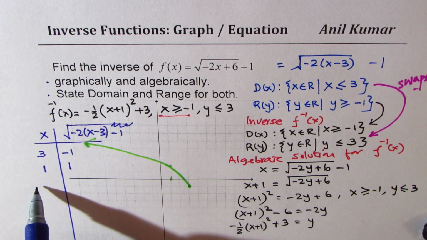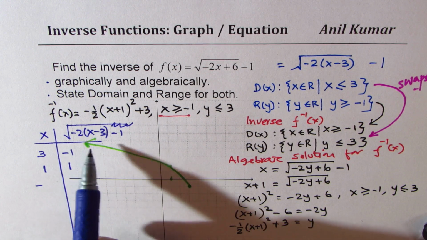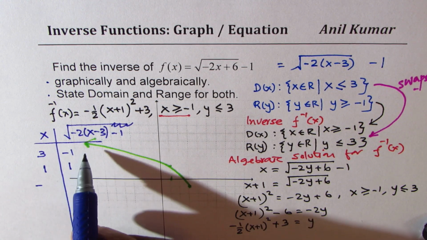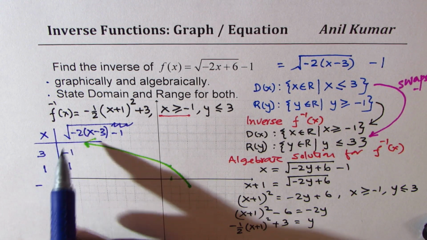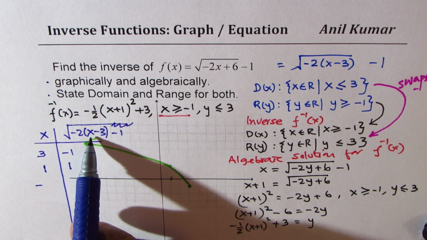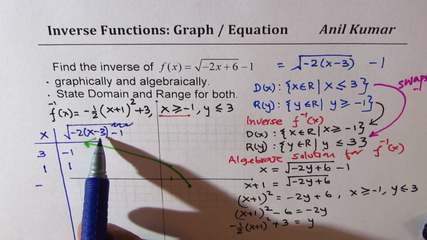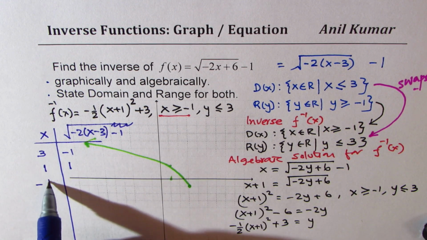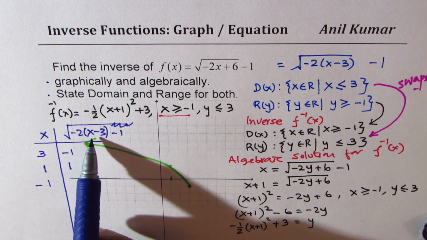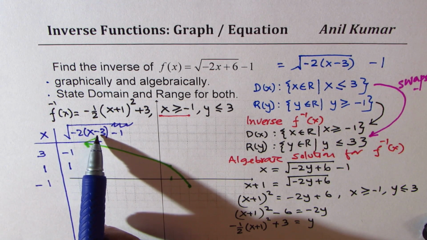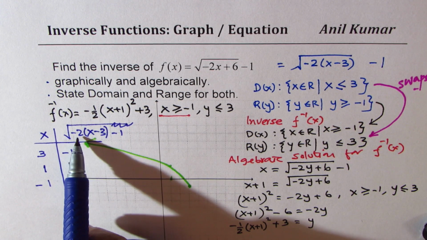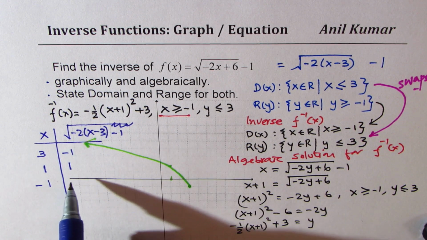If I substitute minus 1, and let's substitute a value which will give us a perfect square, which is 9 for us. Anyway, let's substitute minus 1. In that case, minus 1 times minus 4 gives us 8.